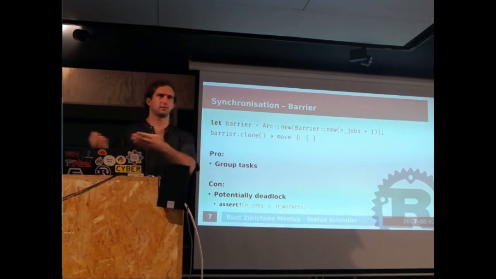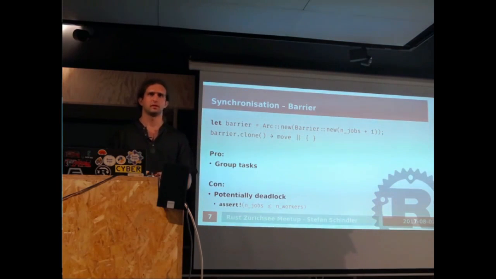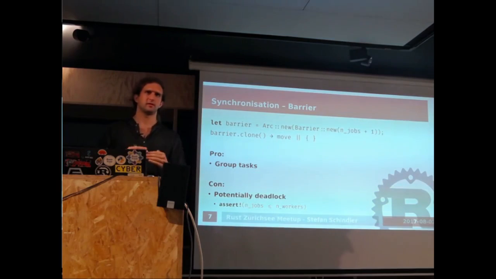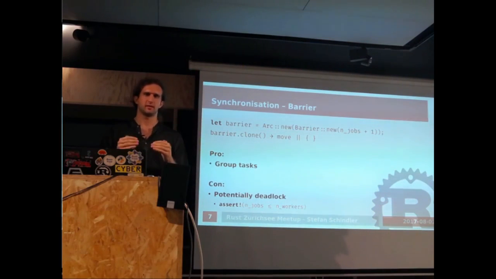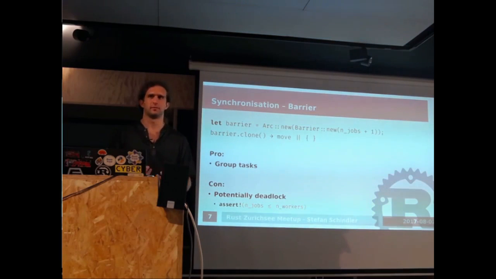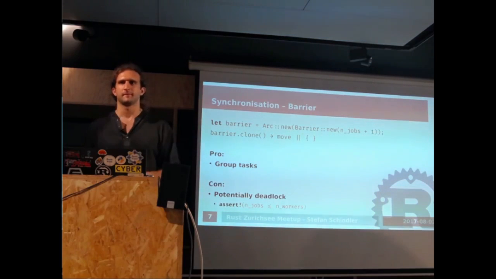So if you have a barrier with a thread count of 4, 4 threads can call the barrier more or less simultaneously, and as soon as the last one hits, all of them go. So that's the synchronization mechanism of a barrier.